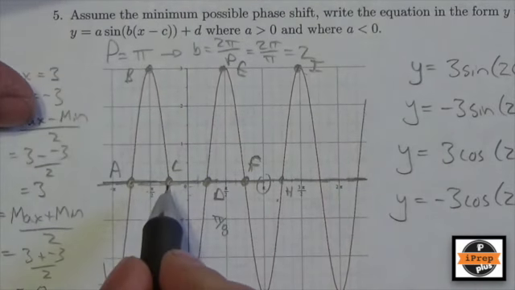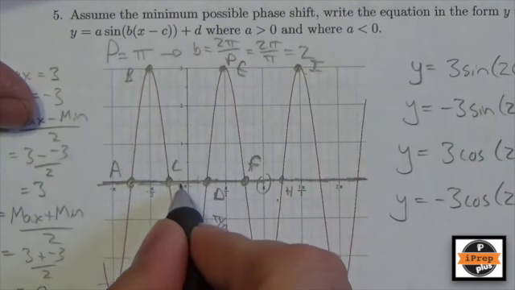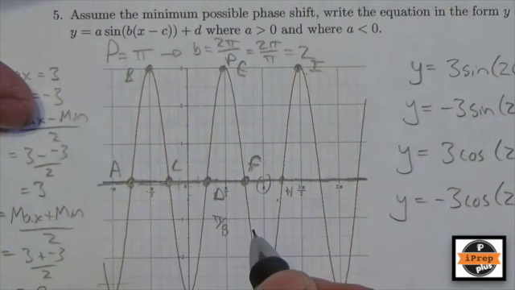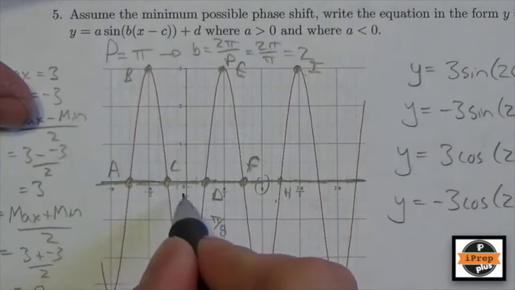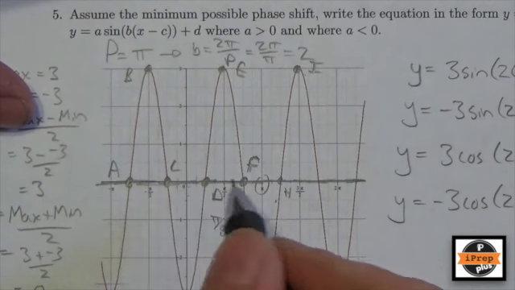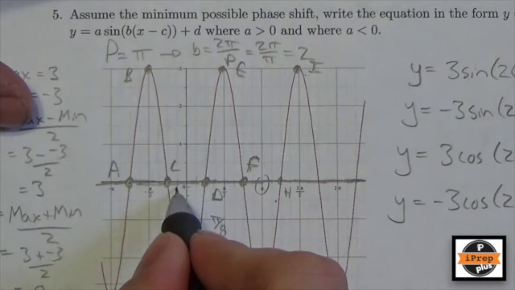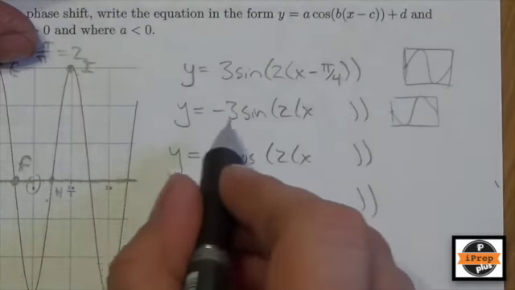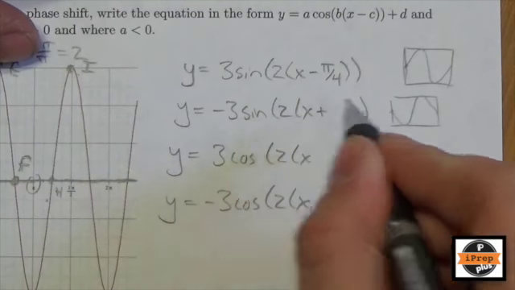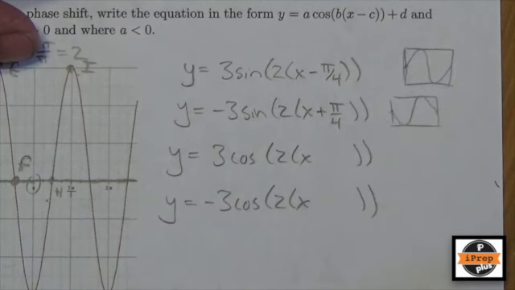And the answer is C. And just like D here, C is 2 of these little blocks over on the graph. This is a pi over 8. Here's another pi over 8. There's 2 of them. So that negative sine graph is going to be going to the left, pi over 4.